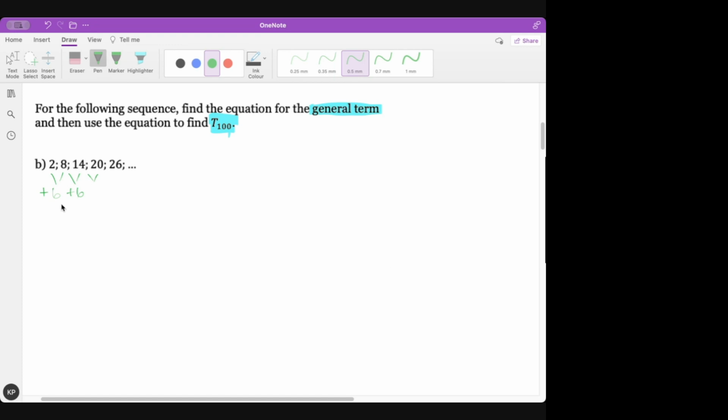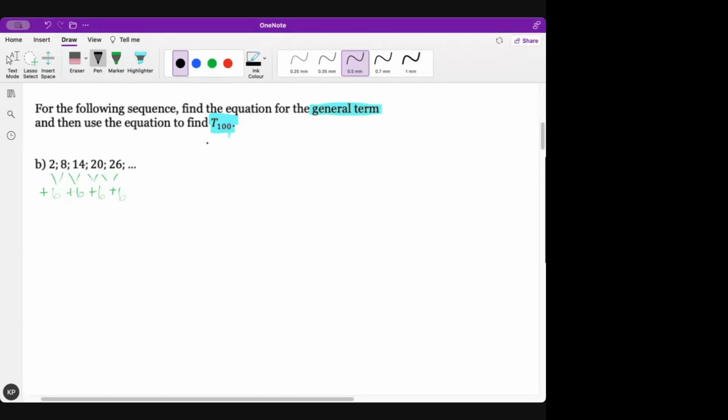Okay, so we're adding 6, and we've established that this is indeed a linear or arithmetic number pattern. Now the rules have changed, but don't worry, we're going to do another example of the other one. Does anyone remember what the general formula for finding a linear sequence is?